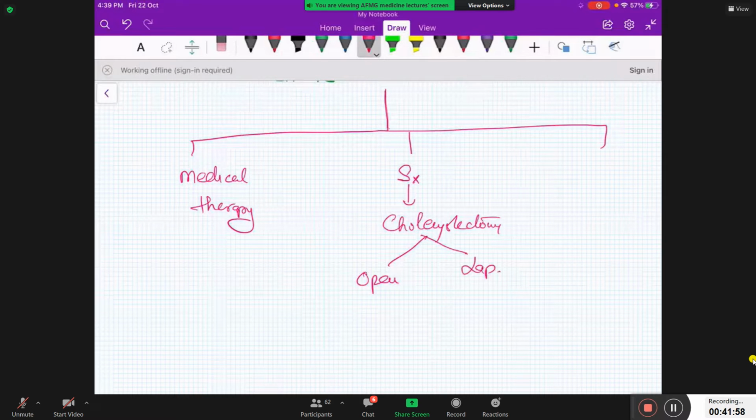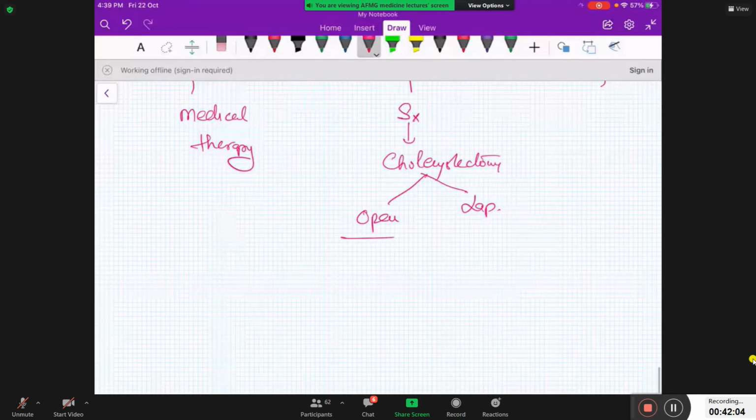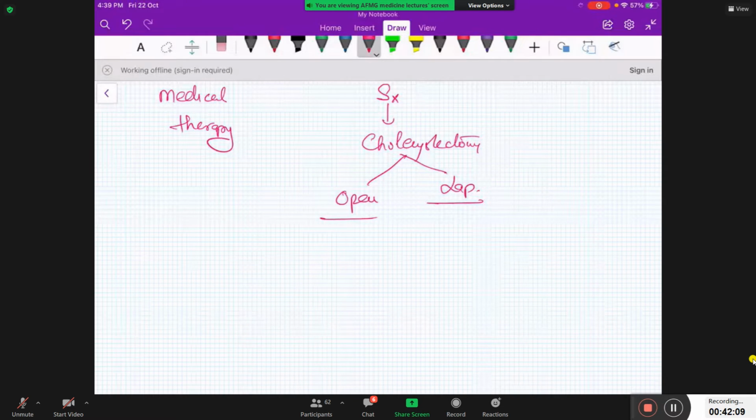It is not chole, it is chole. So that means there is open chole and there is a laparoscopic chole also. And out of open and laparoscopic chole, which one you will prefer? Preferred is laparoscopic chole.